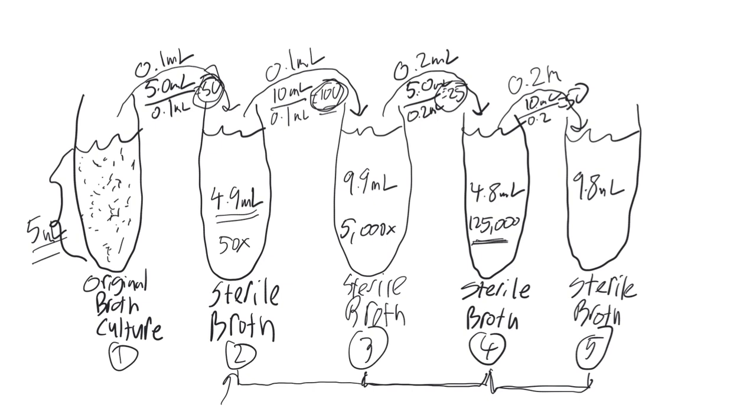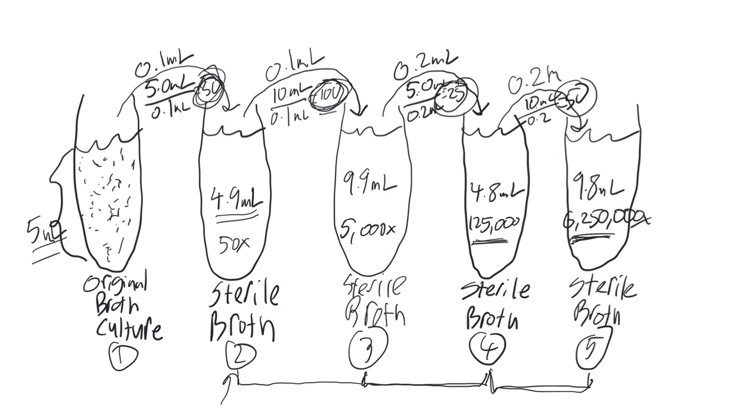Now to figure out the total dilution factor in tube 5, you take 50 times 100 times 25 times 50. And what I have is 6,250,000 times.